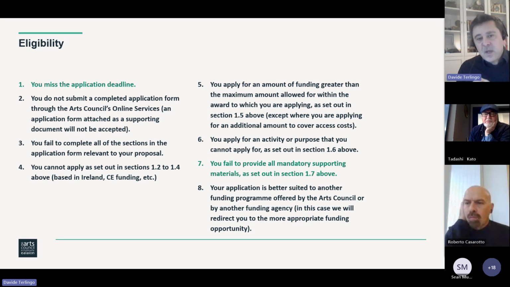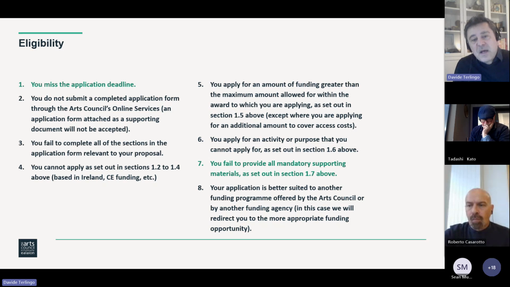As I mentioned before, Strand 1 does not have a maximum amount overall, but you have a specific amount that you are only allowed to apply for, if that makes sense. If you have a question, please ask me if it's not clear. But if you exceed these amounts, your application will be deemed ineligible simply because it will not be considered feasible anyway.